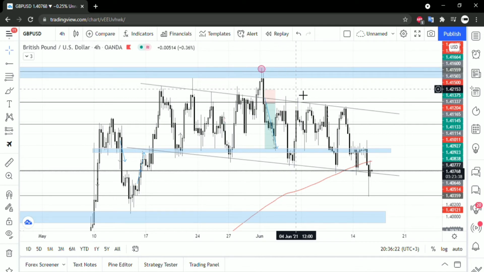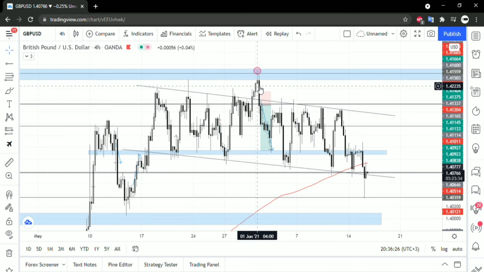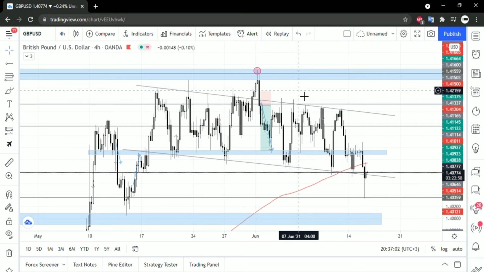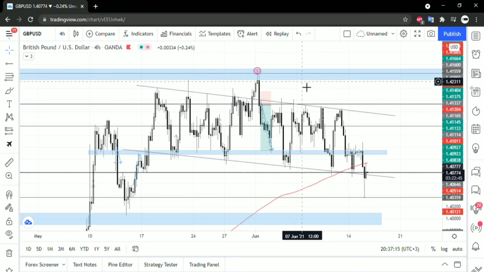We managed to catch quite a bit of pips here when we noticed this formation of the candlestick pattern. Whenever you notice the formation of this bearish hammer candlestick pattern, and it reacts to a key resistance level, then most likely it's going to be what we call a reversal.